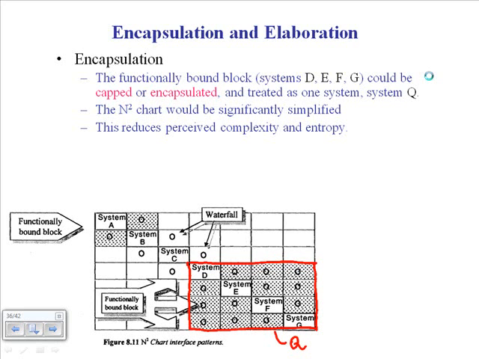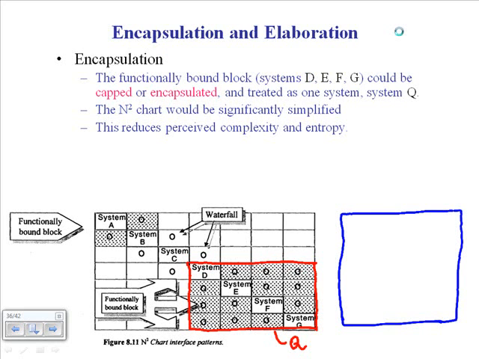Through the concept of encapsulation, I can assume that Q is just one system, okay, when I'm looking at it. So I can actually draw another n-squared chart with this system D, E, F, and G encapsulated. So I can do it this way.